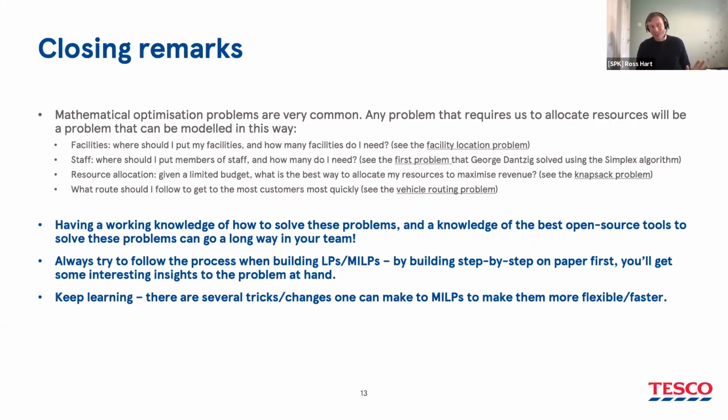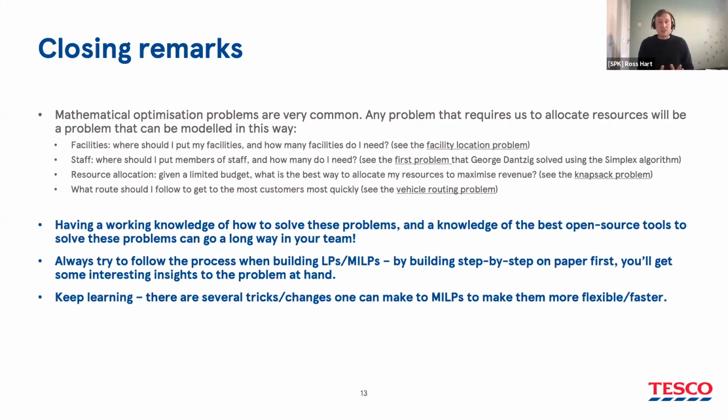And the more disciplined I've got about that, the better my building of linear programs has got. And by building this program step by step on paper first, you'll really start to get some interesting insights into the problem at hand as well, and really start to understand what's going on in your problem.